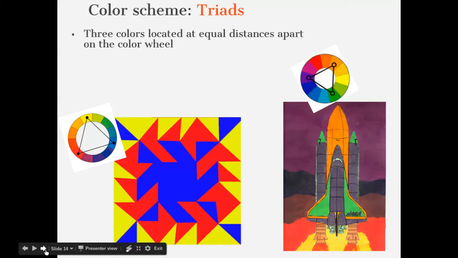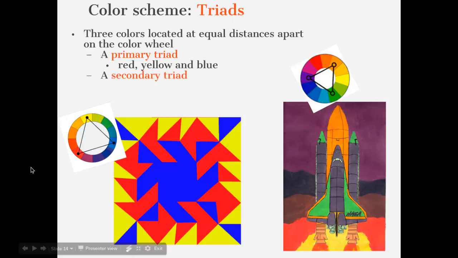The next one is the triads of color. So this is 3 colors located equal distances apart, as you can see here in the picture. And over here, purple, orange, green. There's the primary, which is red, yellow, and blue. And the secondary, which is going to consist of orange, violet, and green.